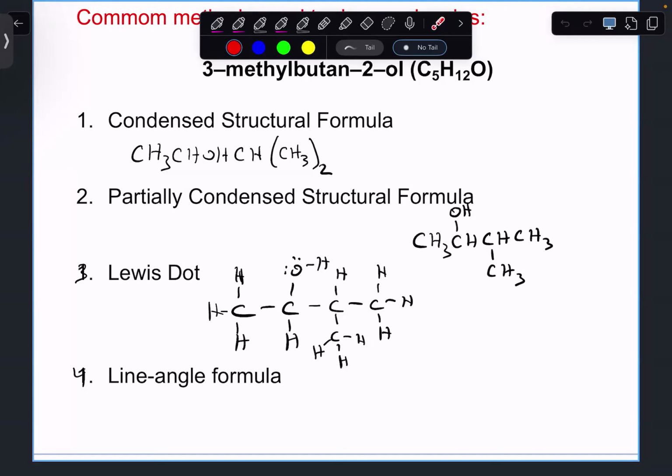Now, we looked at the condensed structural formula last time. We kind of went back and forth between Lewis dot and condensed. Condensed is fine, but sometimes it takes you a couple minutes to figure out exactly what's connected to what. So a better way would maybe be the partially condensed structure, because that actually pulls out branch points.